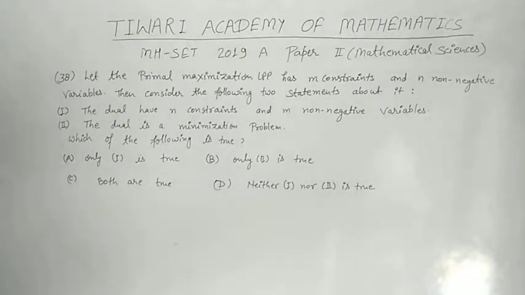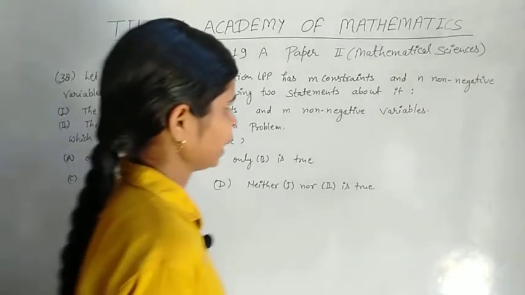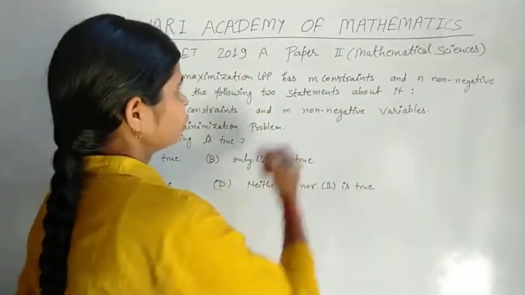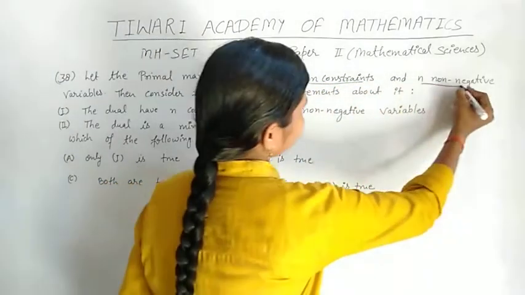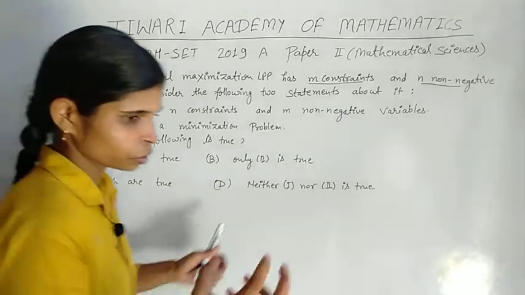Question number 38 is also an LPP question. Statement: let the primal maximization LPP have m constraints and n non-negative variables. Then consider the following two statements about it.